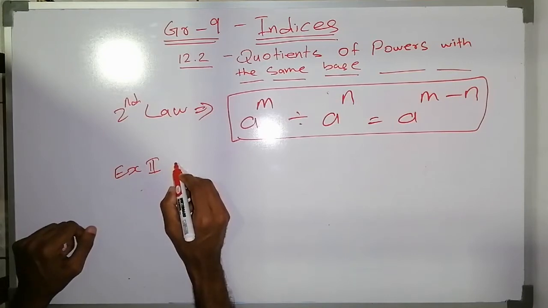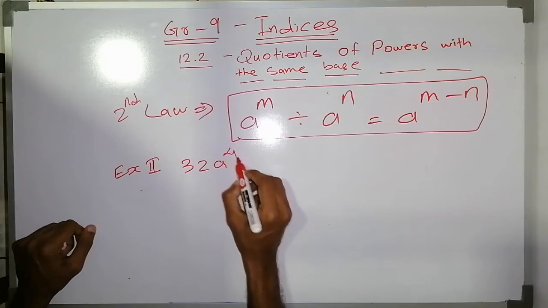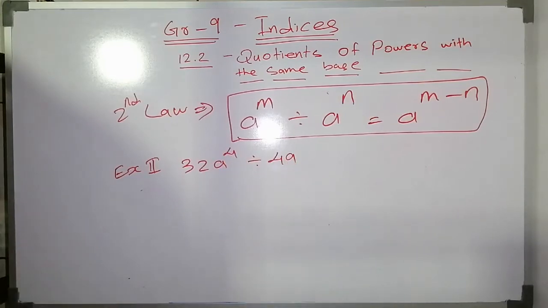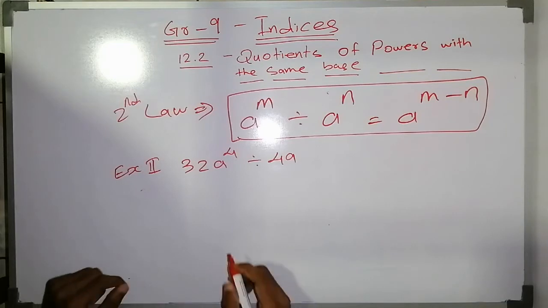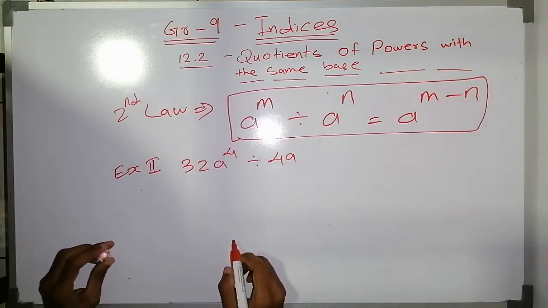We have a question: 32 a to the power 4 divided by 4a. We'll write it in fraction form, then we can easily understand the question.